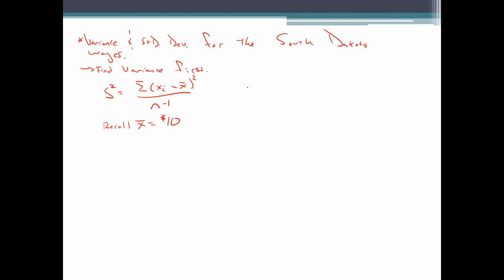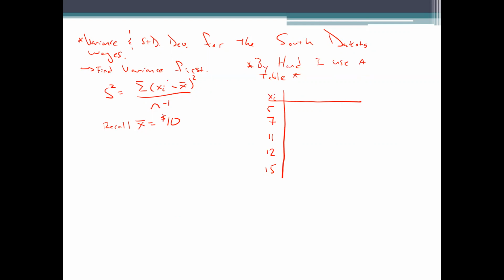If you're going to do this by hand, I use a table to help me, kind of like I did a table to help me with weighted mean. The first thing in my table is X sub i, the individual X values, the individual wages: $5, $7, $11, $12, and $15.